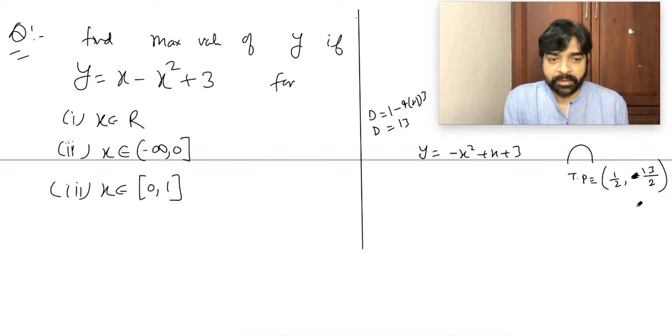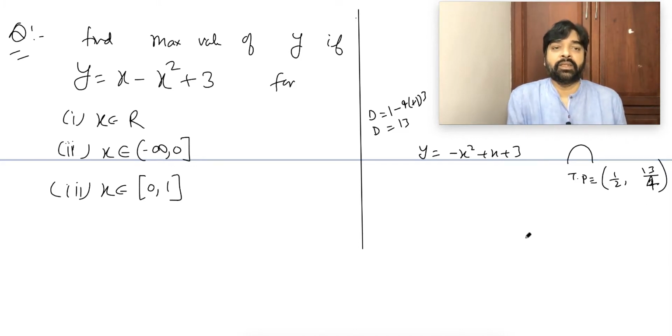Yes, minus will disappear. Some people went into shock mode. What happened, bhai? Minus D by 4a, I made a mistake. It was a printing mistake. 4, correct? Now this is what we are getting.